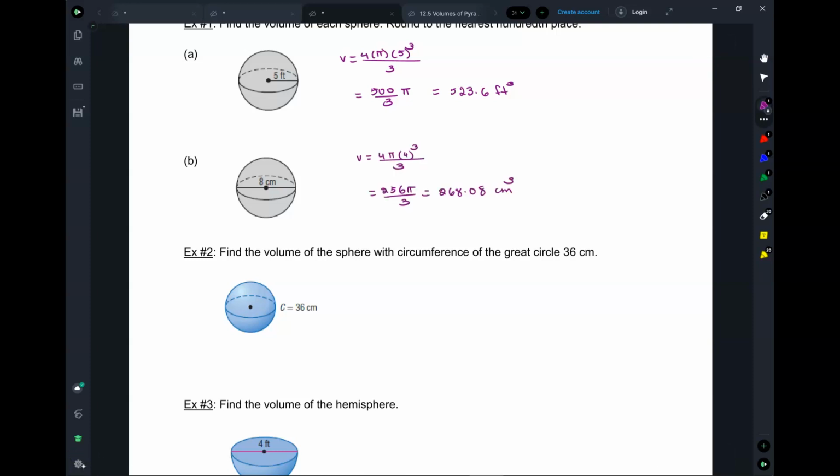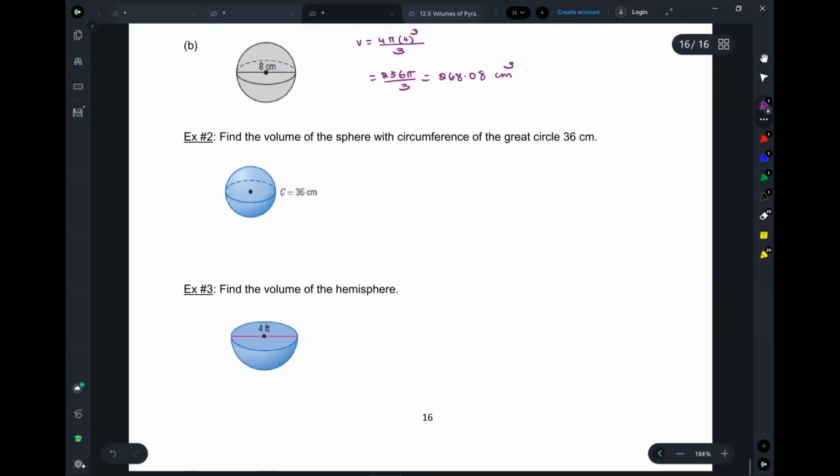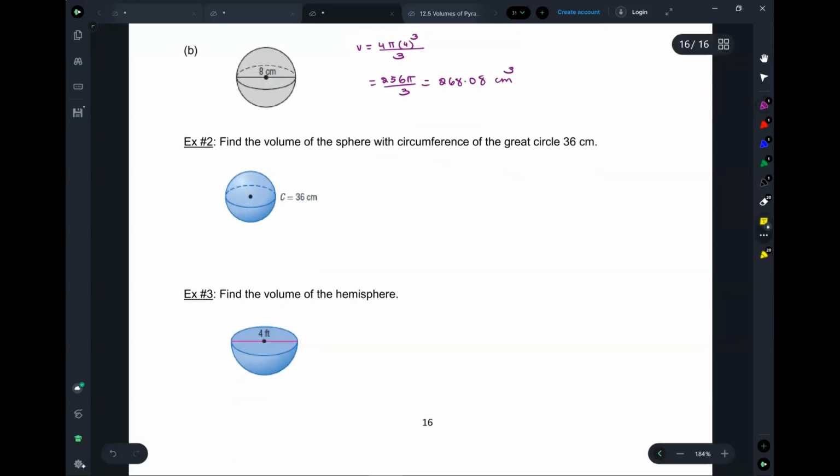Here it is. So it's 4 pi times the radius 4 cubed over 3. And that's what we get. Okay? So here, we want to find the volume of the sphere when the circumference of the great circle is 36. Well, the great circle, you remember, that's the one that passes through the center, right?